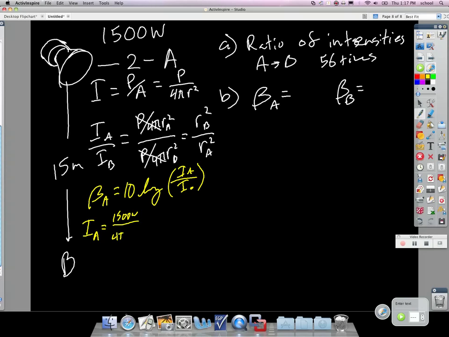So please calculate the intensity: 1500 divided by 16 pi. Now IA was watts per square meter. Then IB is the same logic, 1500 watts over 4 pi, but this time it's 15 squared.